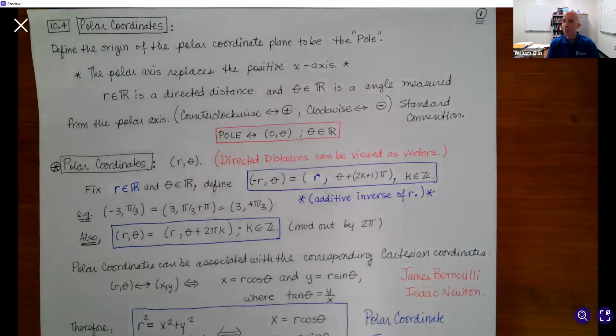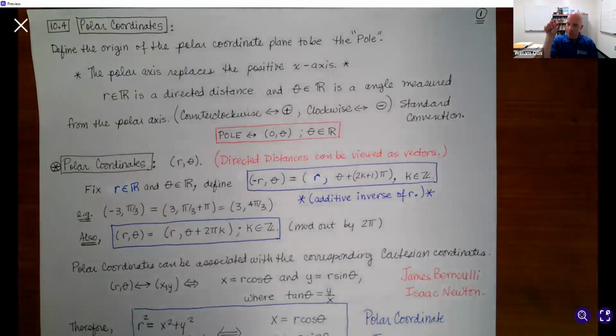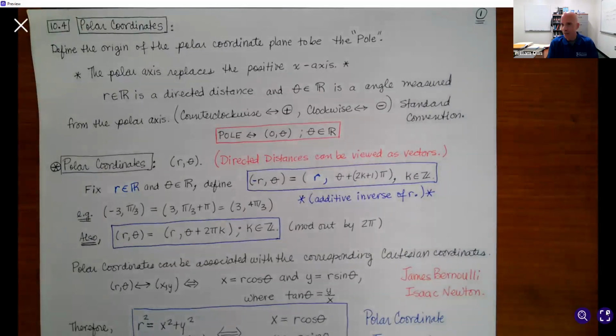We still have a pure measure, but we have to come up with some way to distinguish them. So we use a little uppercase O for degree, and when we do radians, we don't use anything, or sometimes we just write radians.